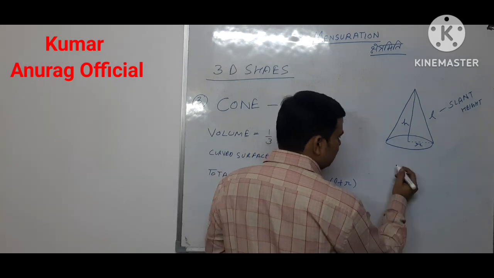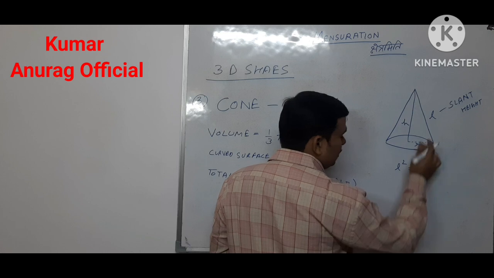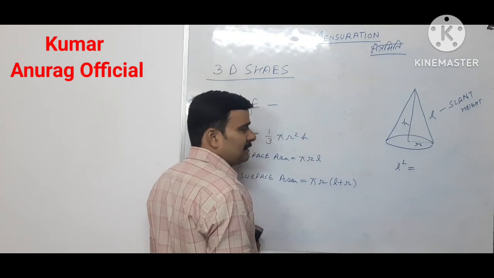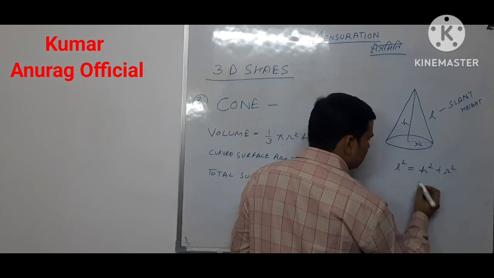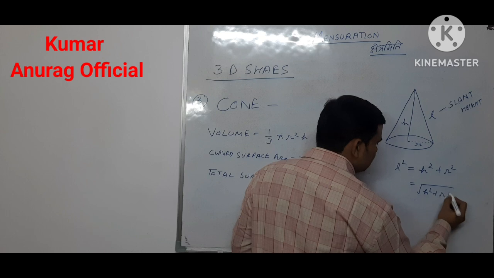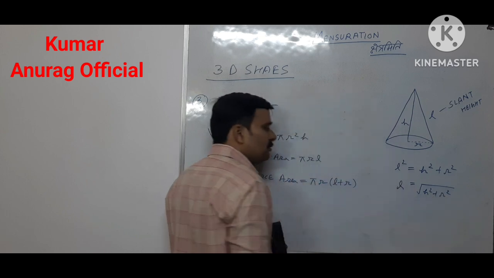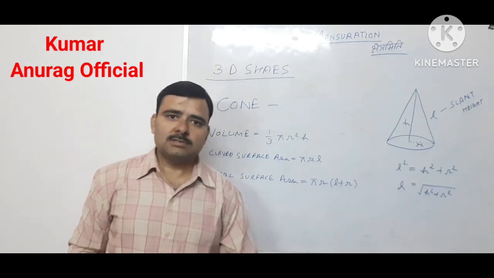Here we can find the slant height: L square is equal to h square plus r square, so L is equal to the square root of h square plus r square, on the basis of the Pythagoras theorem.